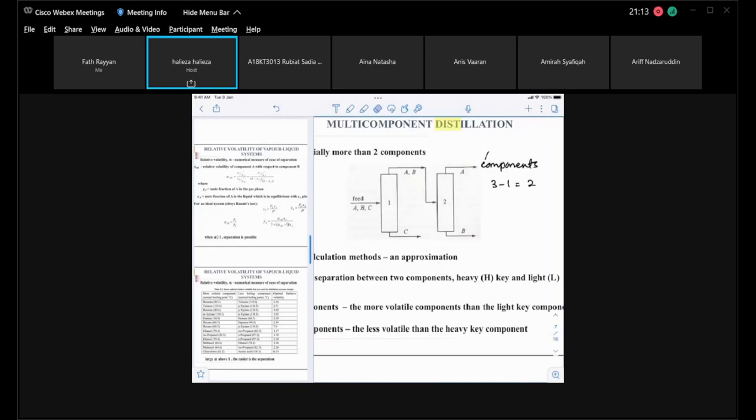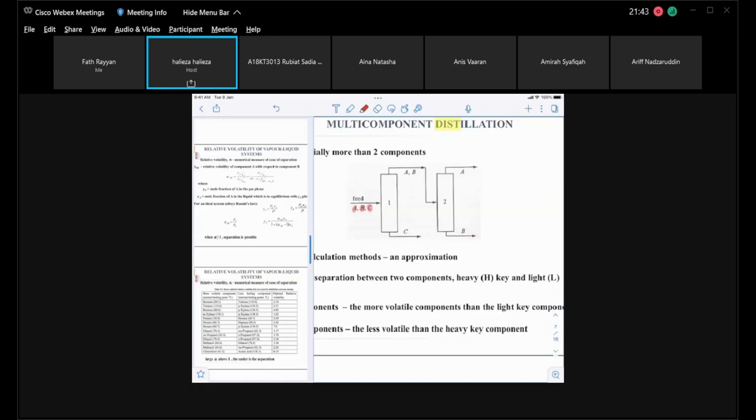Let's look at the separation going on. You have components A, B, and C in the feed. Normally, you arrange it in order of volatility. The most volatile will be A, B will be the intermediate, and C will be the least volatile, meaning it is in order of decreasing volatility.